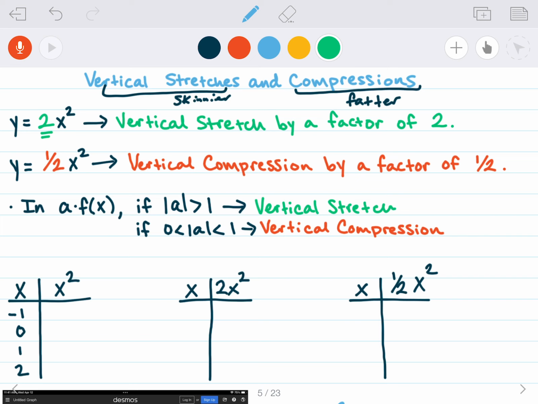So the vertical stretch here is 2. On the other hand, if we have a number between 0 and 1, or the absolute value between 0 and 1, we have a compression. So 1/2 is smaller than 1, and so this is going to be fatter than the parent function, by a factor of 1/2.